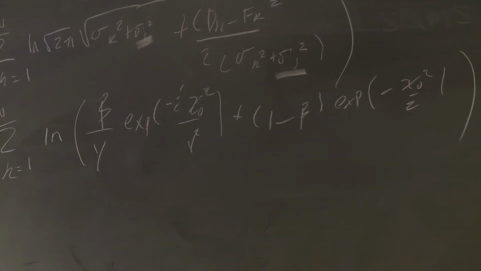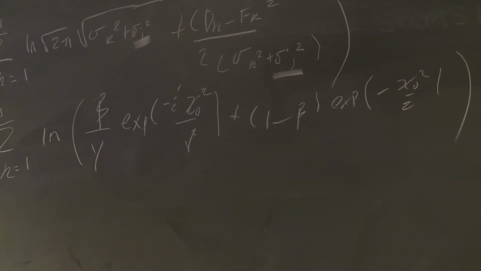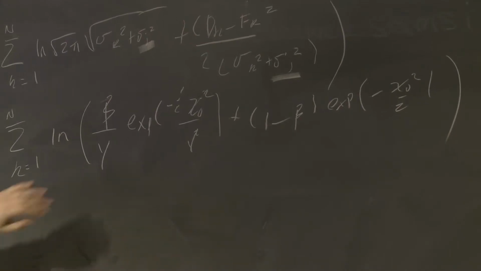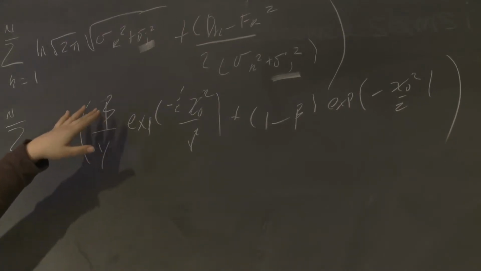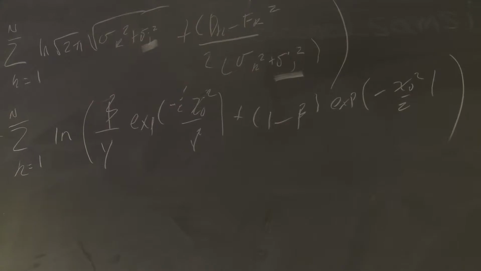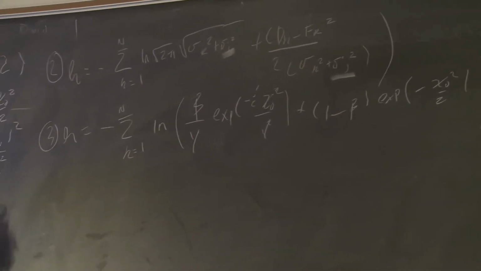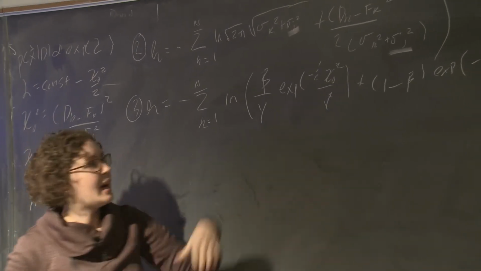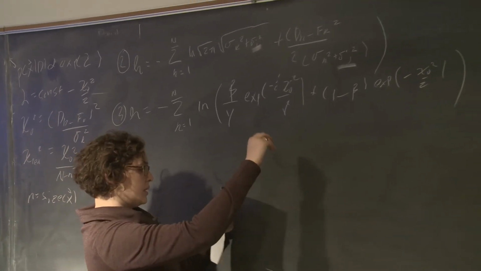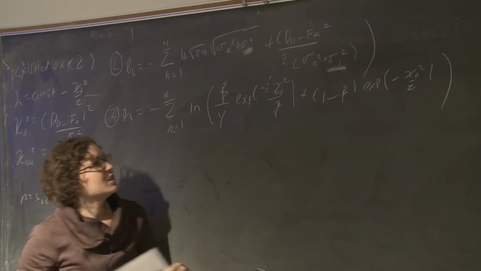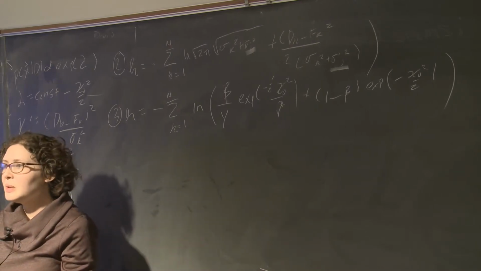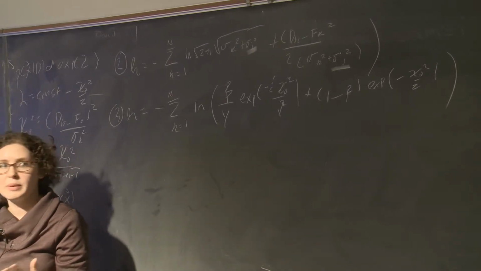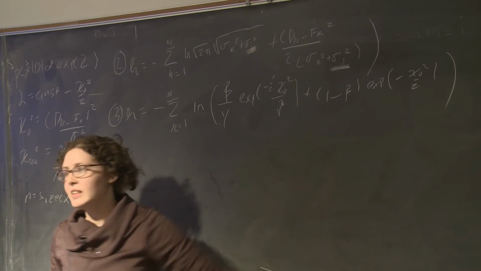So what this outlier formulation is saying is that some fraction beta of your data has a much larger uncertainty. Its uncertainty is inflated by gamma. That should be squared. So instead of having an uncertainty of sigma, it's an uncertainty of gamma times sigma, and then the rest of your data is okay.